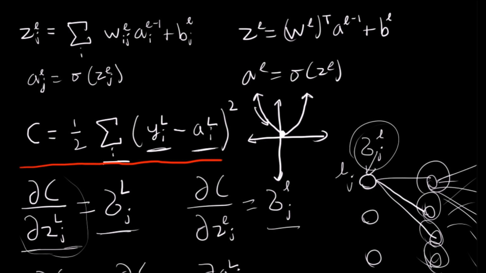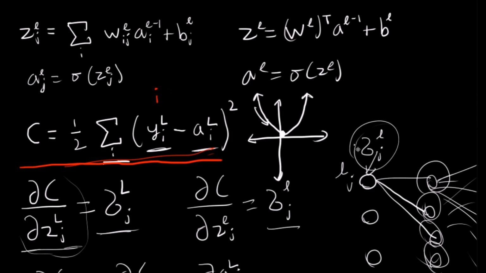So if we're taking the partial derivative for ALJ, nothing else is going to matter except for ALJ. Since we're summing over I, the only time this quantity is going to be non-zero is when I equals j, or else it'd just be a constant term, because changing ALJ wouldn't do anything to a term that doesn't have ALJ in it.